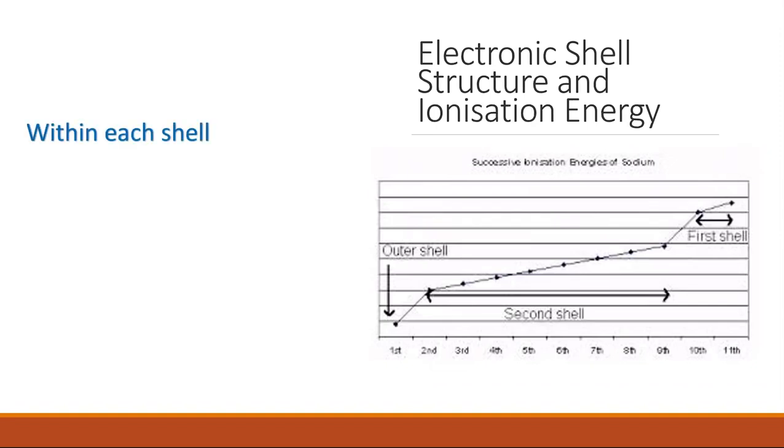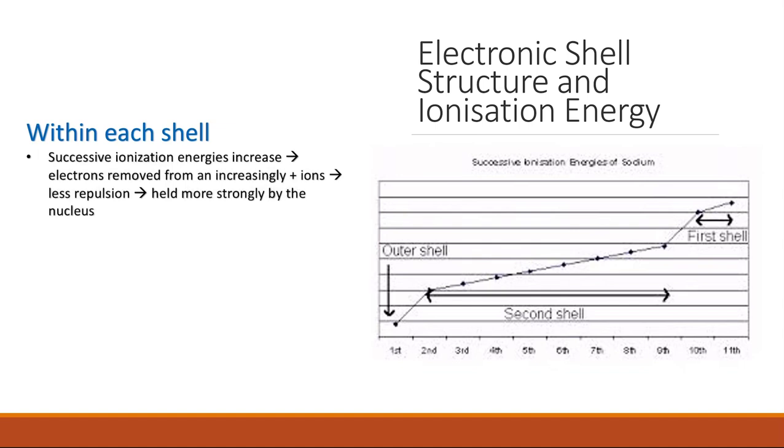If we look here, you can see that within each shell, the successive ionization energy will increase because electrons are removed from an increasingly positive ion. Every time you have fewer electrons, which means you have a more positively charged nucleus compared to the number of electrons.